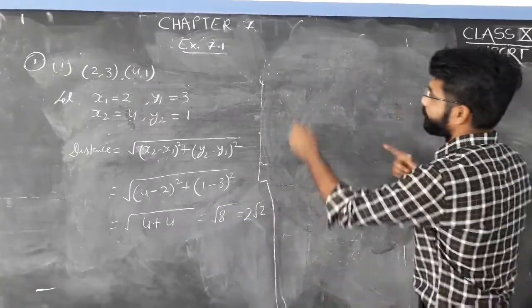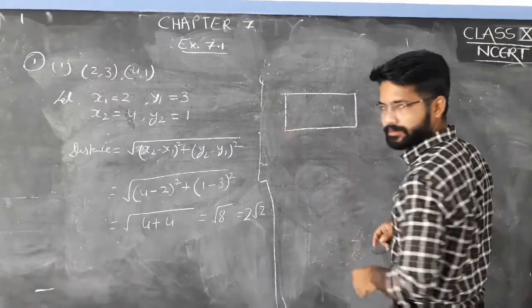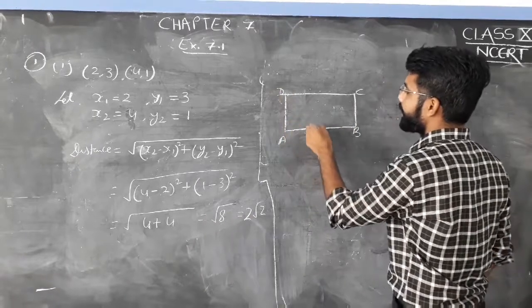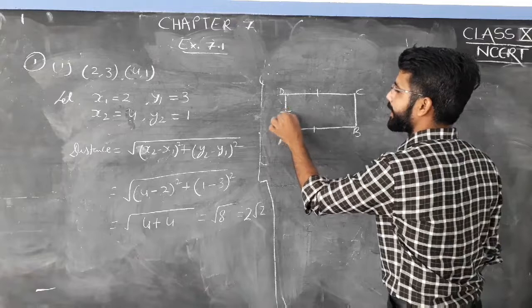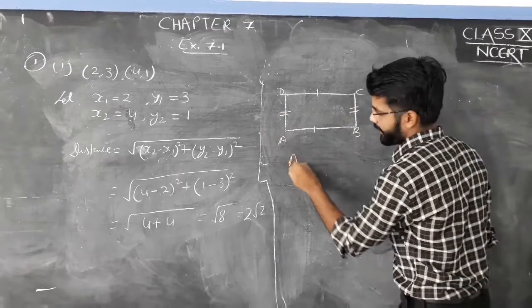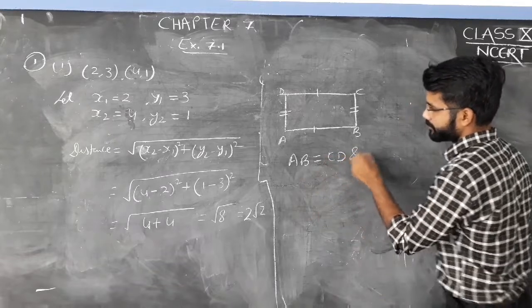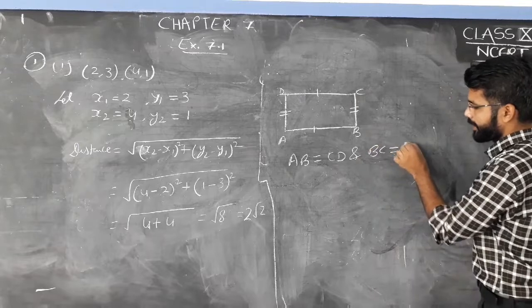If it is rectangle, for rectangle, okay, you all know that in rectangle opposite sides are equal. If I have a rectangle ABCD, so AB should be equal to CD and AD should be equal to what? BC. Means AB it should be equal to CD and one more thing, BC it should be equal to AD.